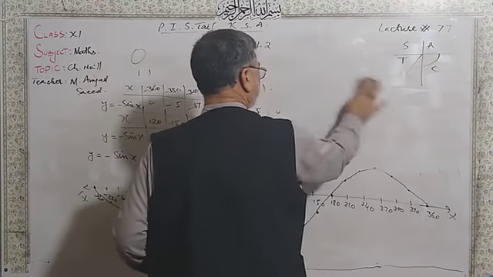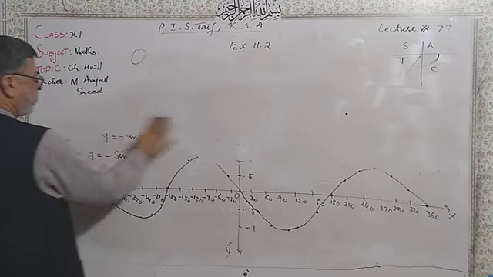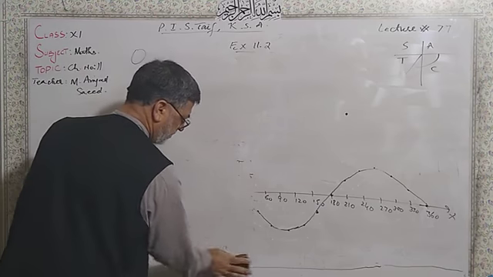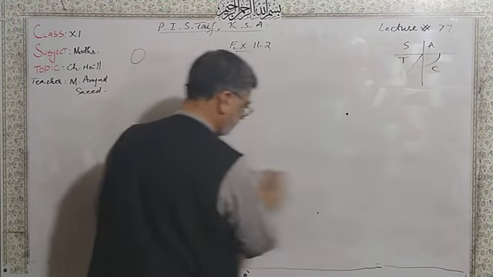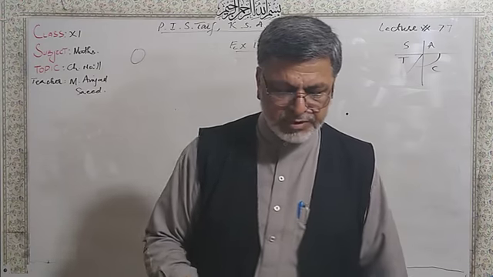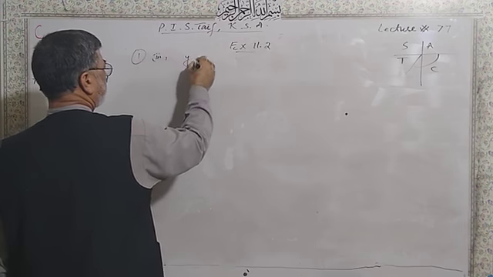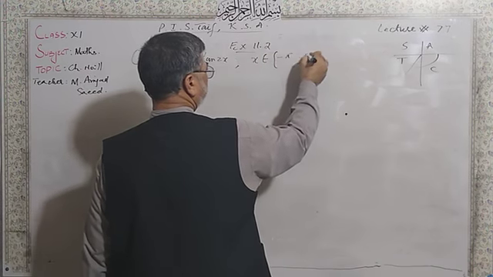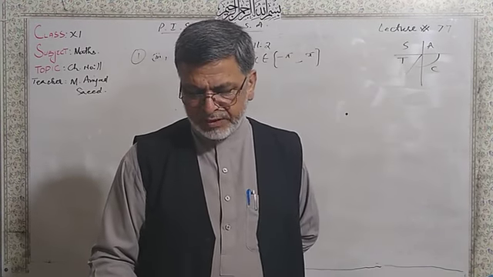Yes, we have question number 1, part 3. y is equal to tangent 2x and x belongs to minus pi to pi.